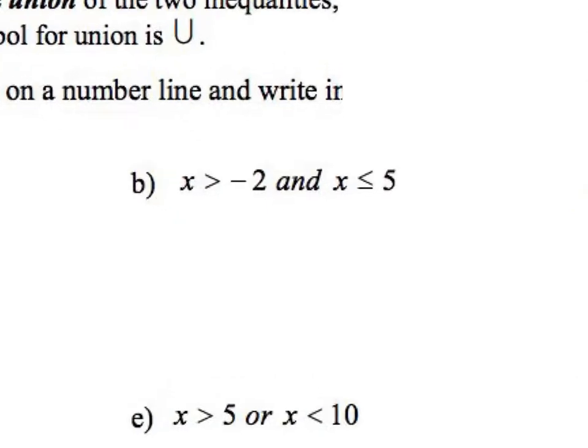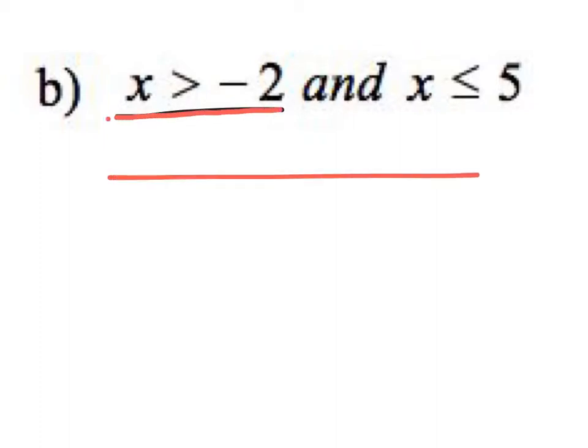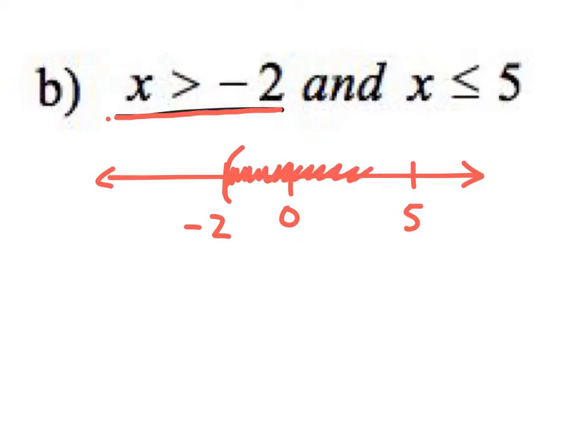All right, let's take a look at B. Now, this is where it gets a little bit trickier. I'm going to graph X is greater than -2 and X is less than or equal to 5 on separate graphs. Let's do this one in red. I'm going to put my 0 here, my -2 here, and 5. For this inequality, I would write X is greater than -2, so I'm going to put a parenthesis at -2 and shade to the right, because we're greater than -2.